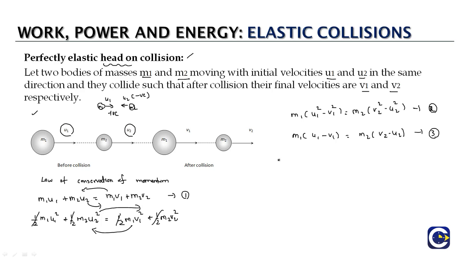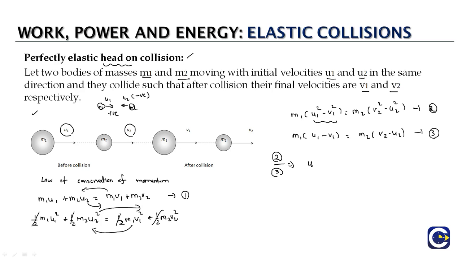If we divide equation 2 by equation 3, what we'll have on the LHS is that m1 and m1 will be cancelled. u1 square minus v1 square is of the form a square minus b square, which can be written as (a minus b) into (a plus b). So the u1 minus v1 and u1 minus v1 terms will be cancelled.